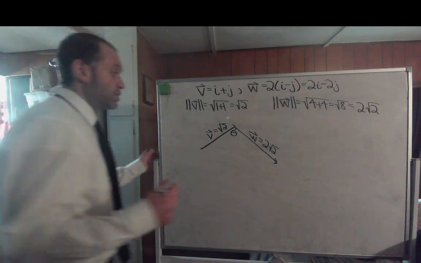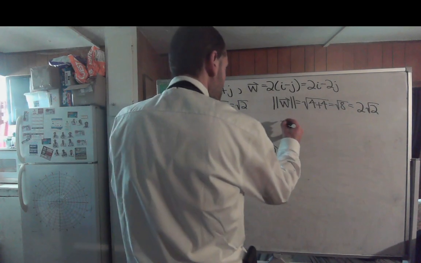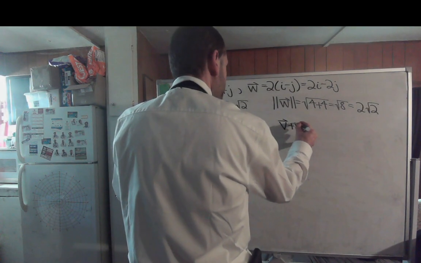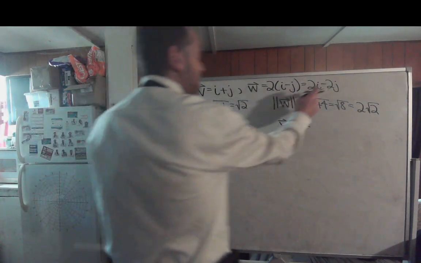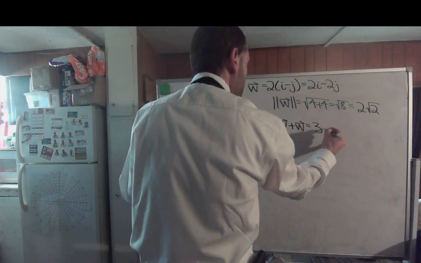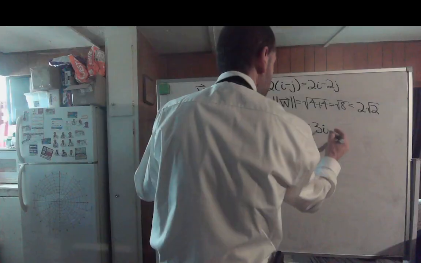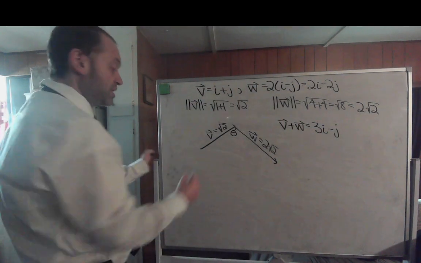All right, so do your vector addition. Take vector v plus w. You'll end up adding each of your components, your i plus 2i. You'll end up getting 3i. And then take your j minus your 2j. That would be minus j. So we found vector v plus w.